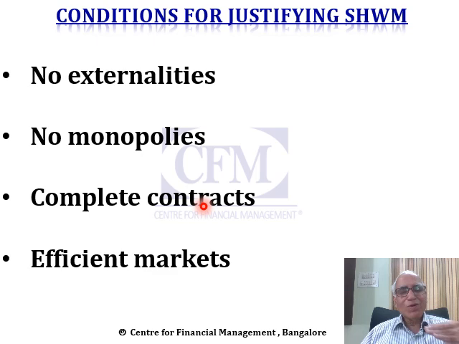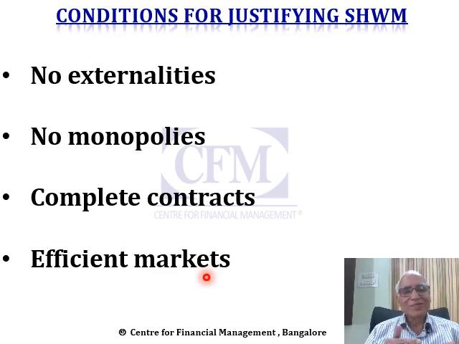If complete contracts can be written with other stakeholders, then the interest of those stakeholders would be protected by those contracts, and the company is then justified in pursuing the goal of shareholder wealth maximization. On the other hand, if complete contracts cannot be written, the company is likely to hurt their interest in its search for shareholder wealth maximization.